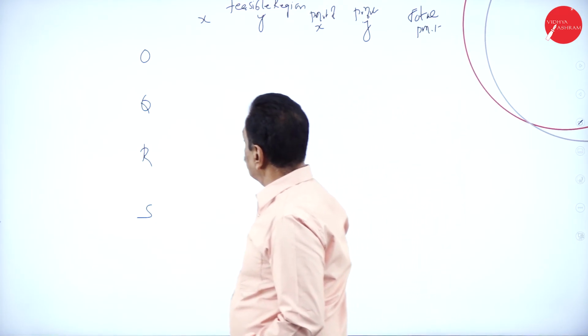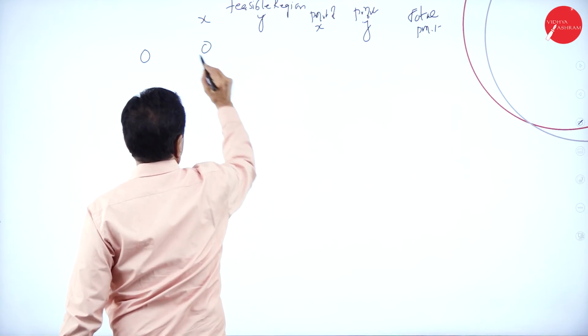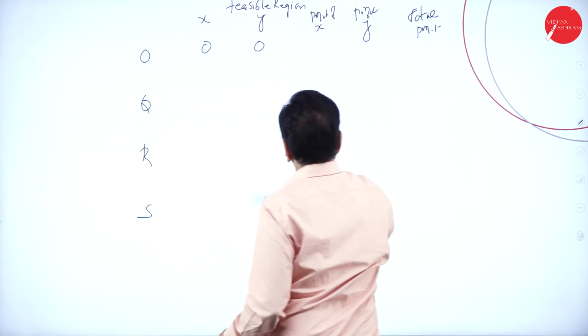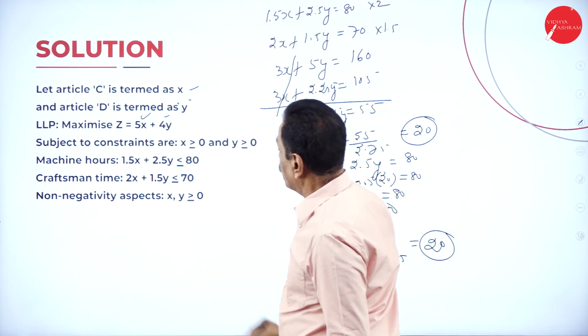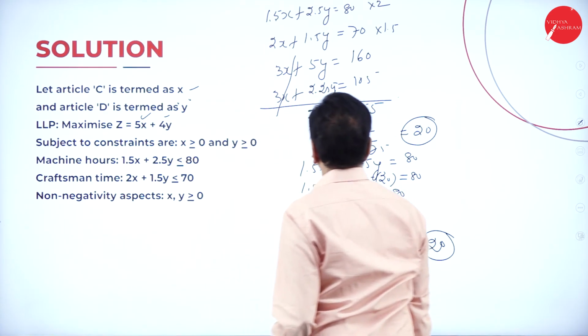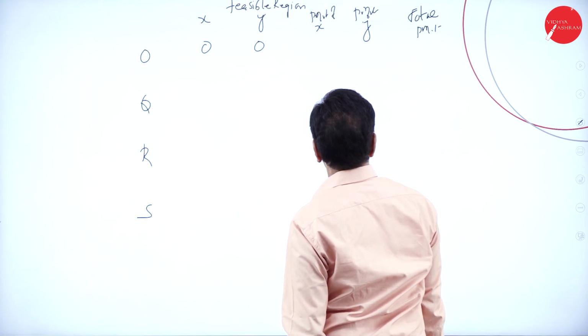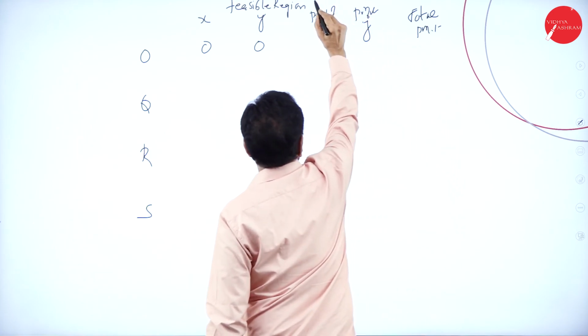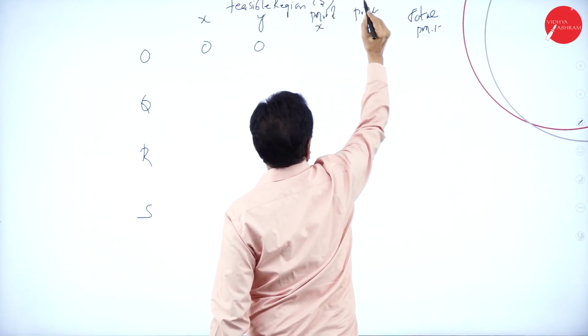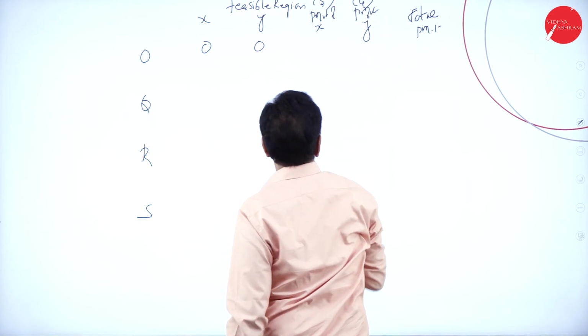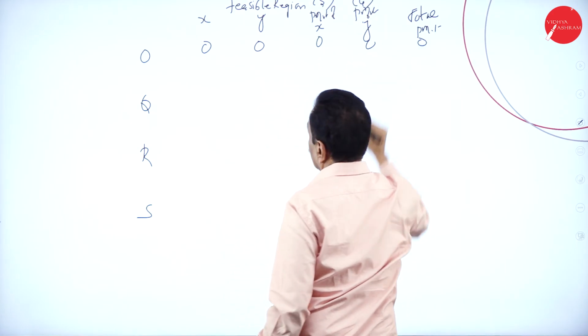At the point O, everything is 0. Profit of X is 5, profit of Y is 4. So at O, the profit is 0.